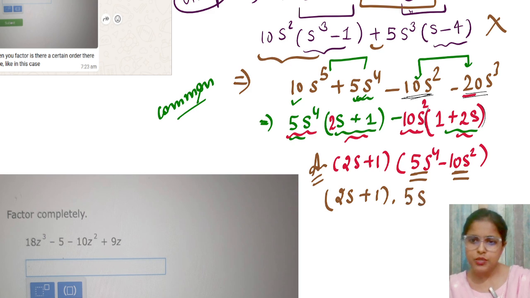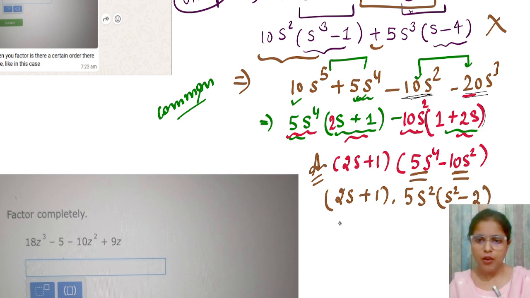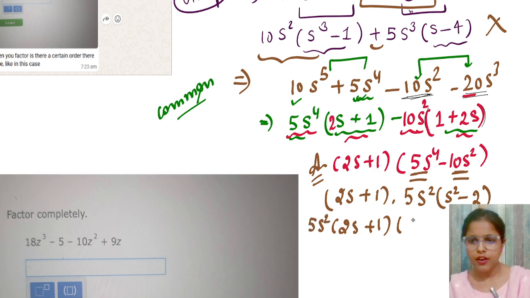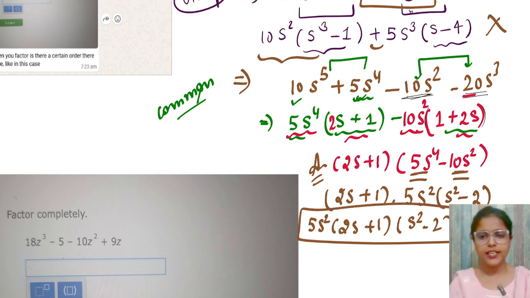If 5s square is common, what else is inside? S square minus this 2 value, right? So now our complete factorization process is simplified. You can just take the 5s square out or leave it the way it is. So this is how you're going to simplify any type of question.